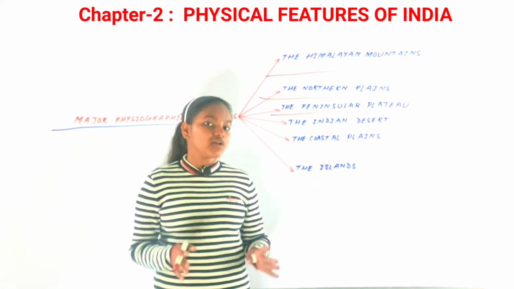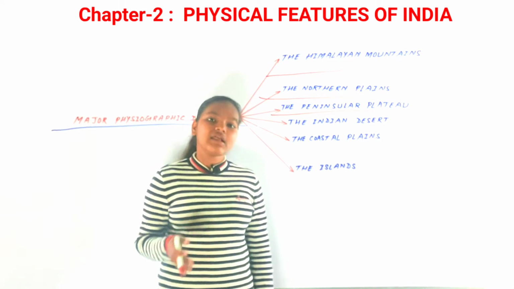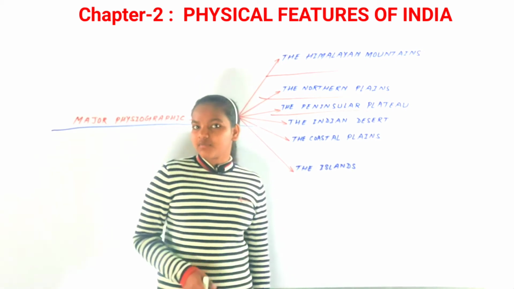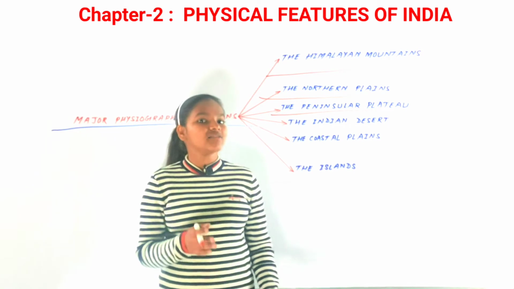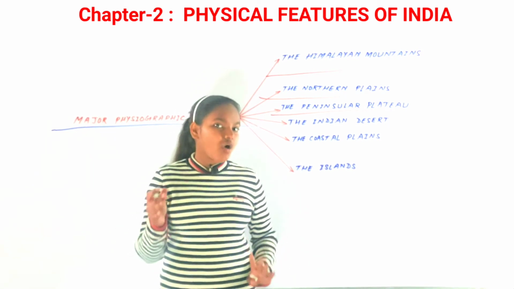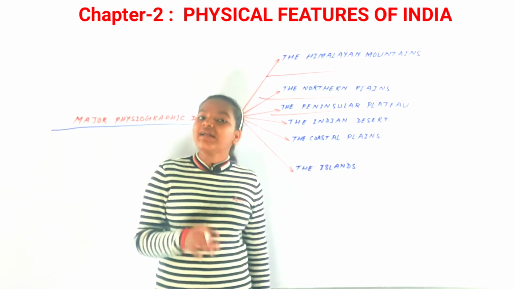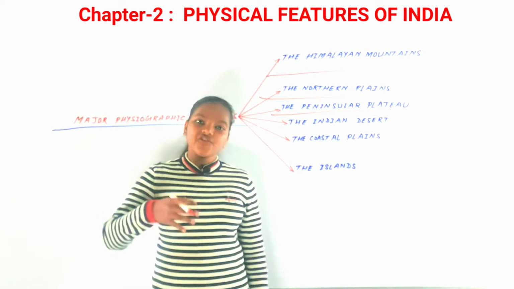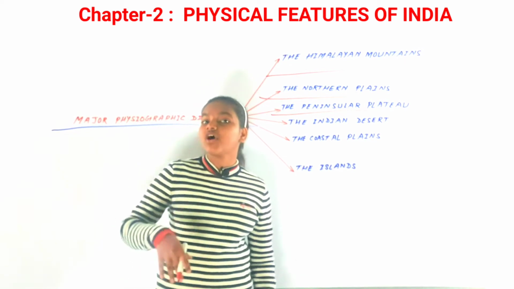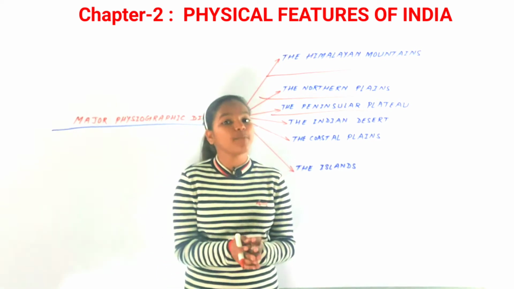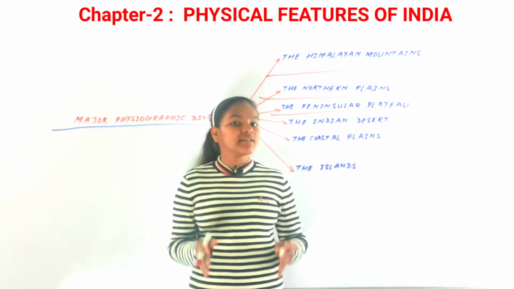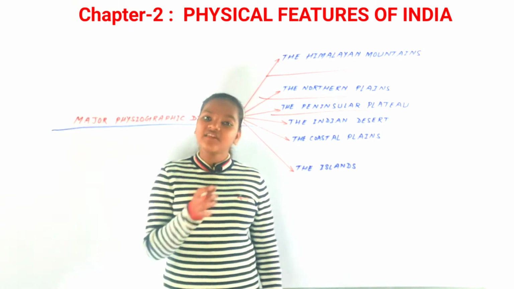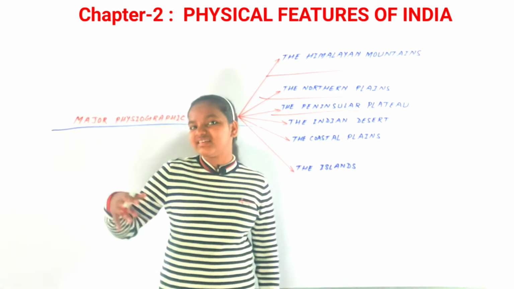Now, this is joined to the Malwa Plateau in the western part of our country, and lies north of the Narmada River. When talking about the Central Highlands, it is important to know that it is wider in the western part and narrower in the eastern part.